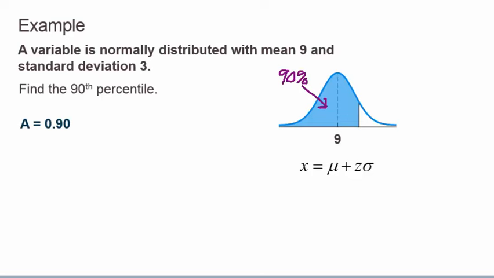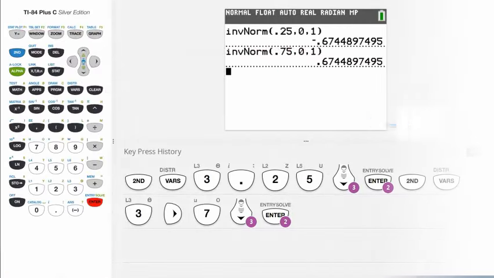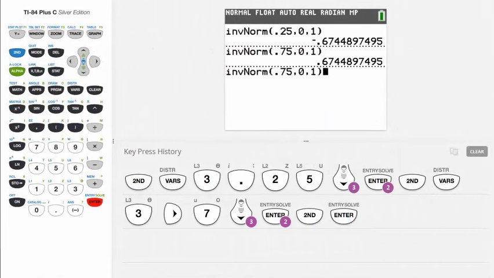So A equals 0.90. We need to calculate. This time I'm going to use second, enter, which retypes what I just entered. I'm going to arrow over and change 75 to 90. So I want inverse norm of 0.9.